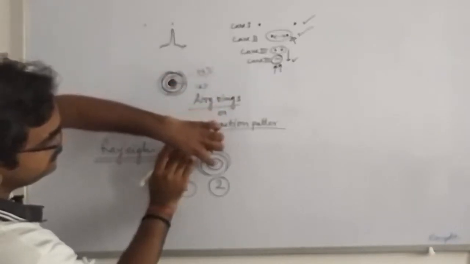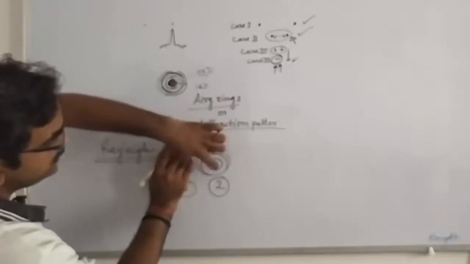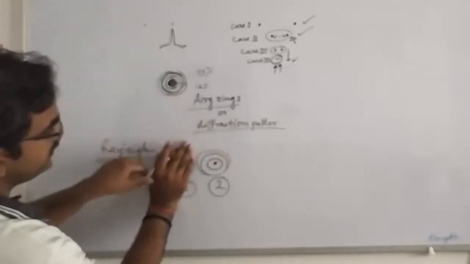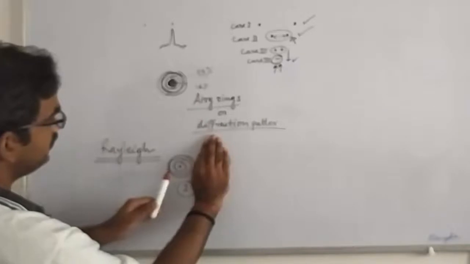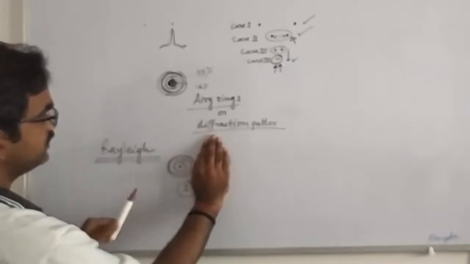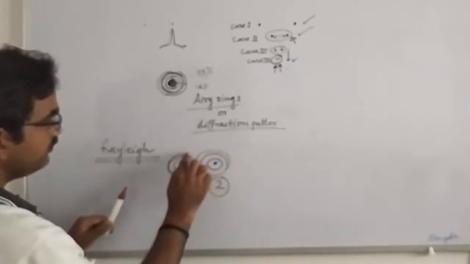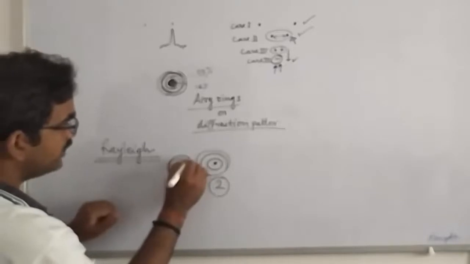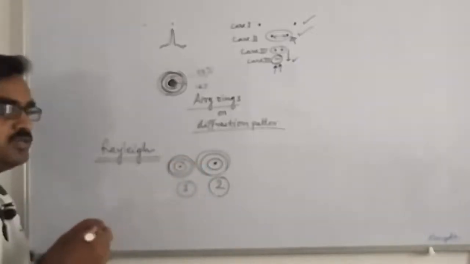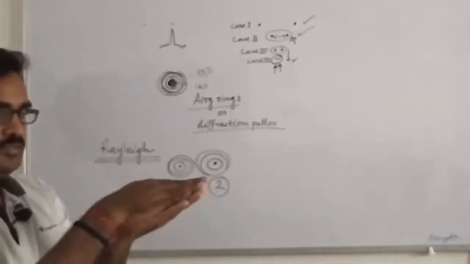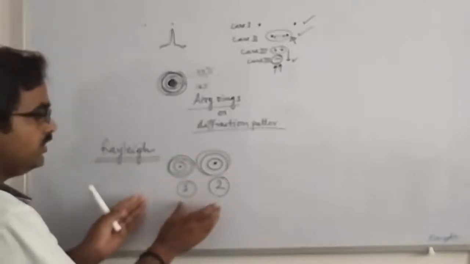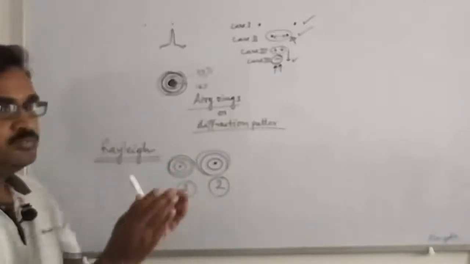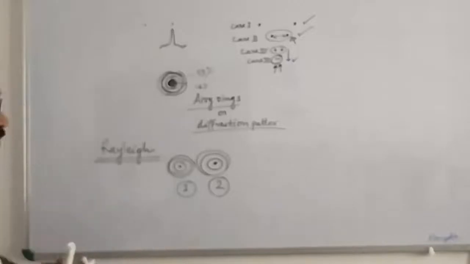If this dot is producing this kind of diffraction pattern and this dot is producing this kind of diffraction pattern and they are not merged, not superimposed, then we can observe two objects distinctly.